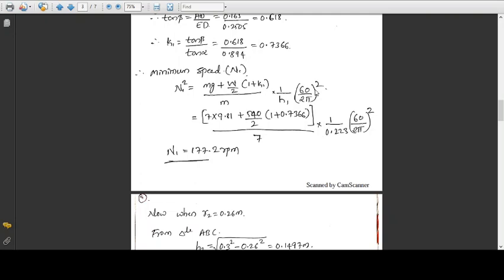The only difference is that there we had a small w, so the unit was in terms of Newton. Here he has given the mass of the ball, and while giving the central load, he has given the load on the sleeve in terms of force, that is Newton. That is why I am converting this term into Newton.